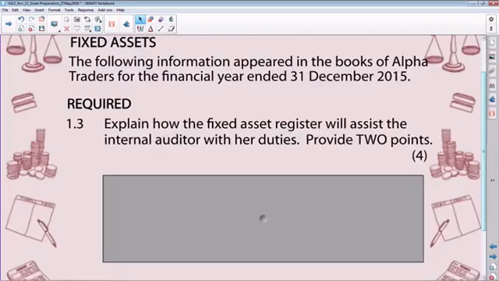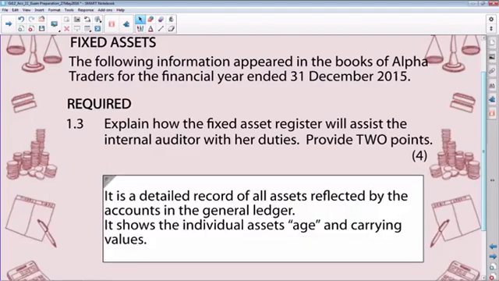Okay, guys, let's see what are your responses. Explain how the fixed assets register will assist the internal auditor with her duties. Did you mention? Yes, that your fixed assets register is a detailed record of all your assets reflected by the account in the general ledger.